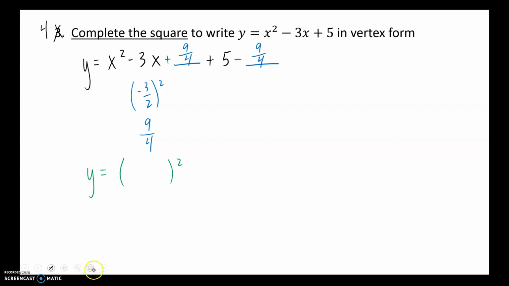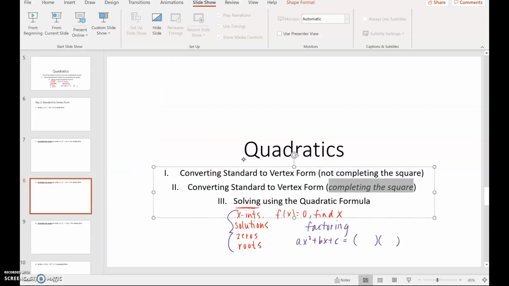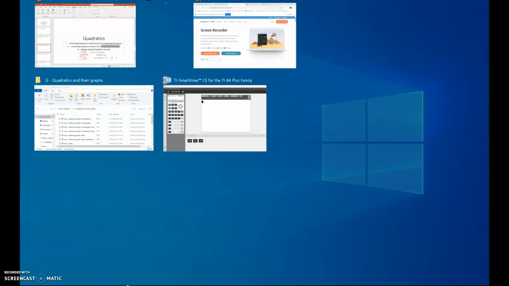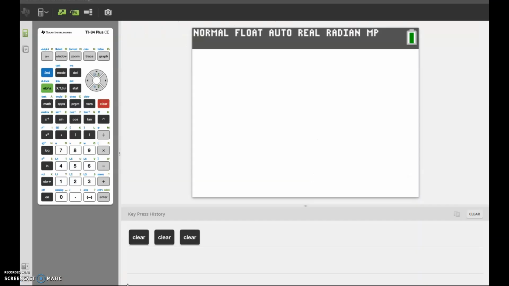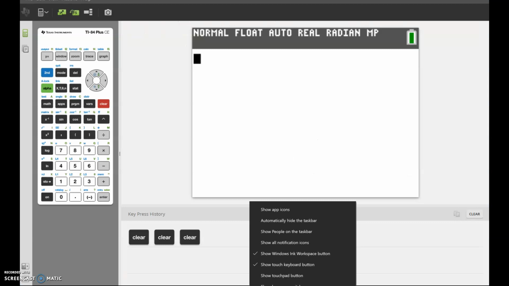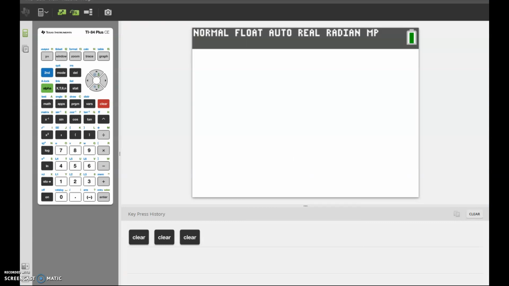All right, now let's check out how our calculator is going to help us. So I had to combine 5 minus 9/4.